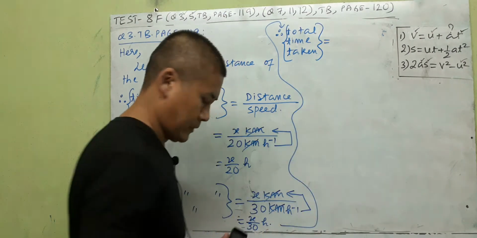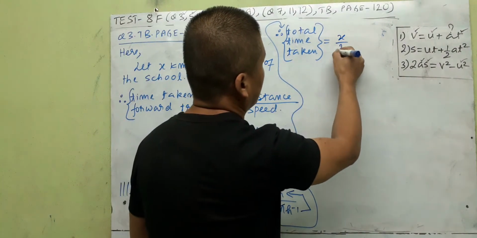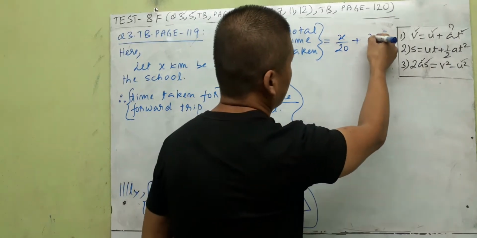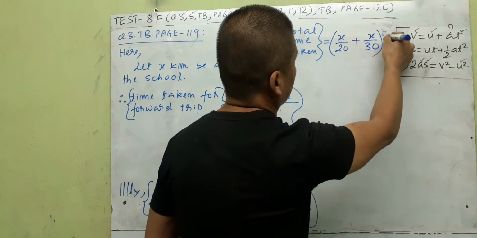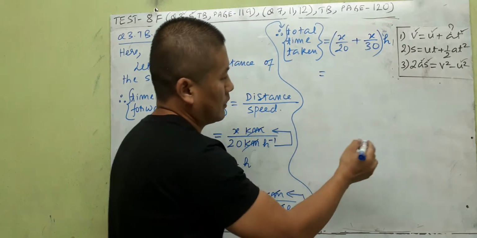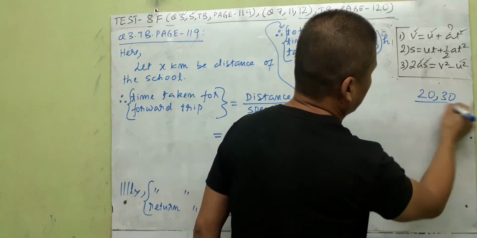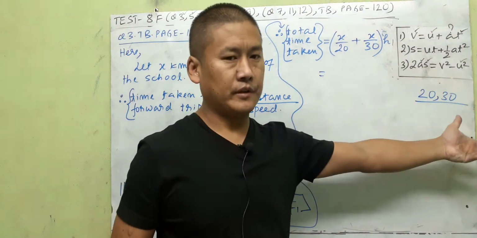will be time taken for forward trip x by 20 plus return trip x by 30, and the common factor hour can come out. Now in order to find the LCM of 20 and 30, when there are only two numbers and you have to find the LCM, you don't need to do prime factorization.